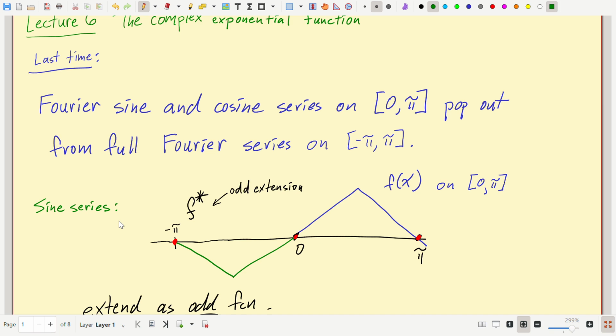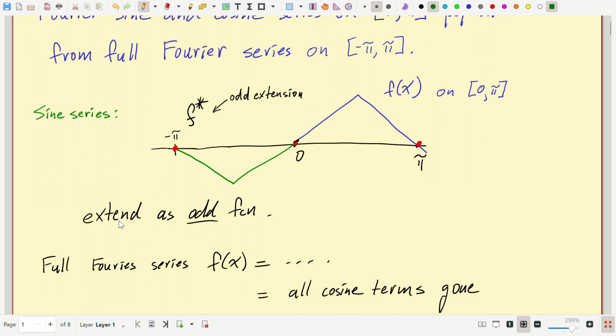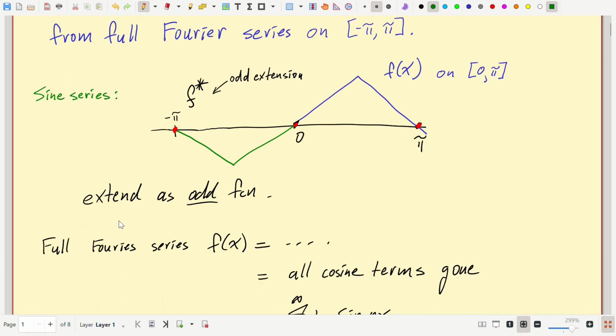Suppose I've got that blue function, f of x, on 0 to pi. Then I extend it as an odd function, so that f star is the extension of f to the interval minus pi to pi as an odd function. And then I write out the full Fourier series for that extension.